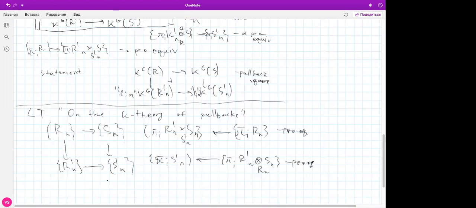Then you have pro excision for K-theory: pro K-theory is a pullback square of pro spectra.